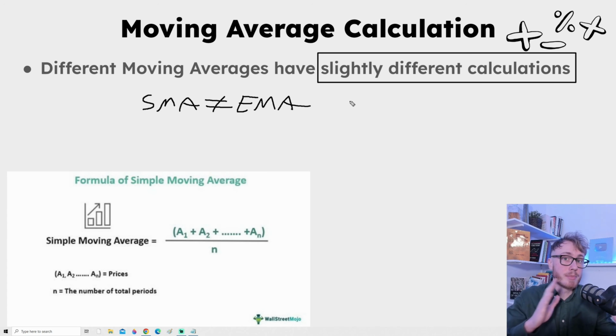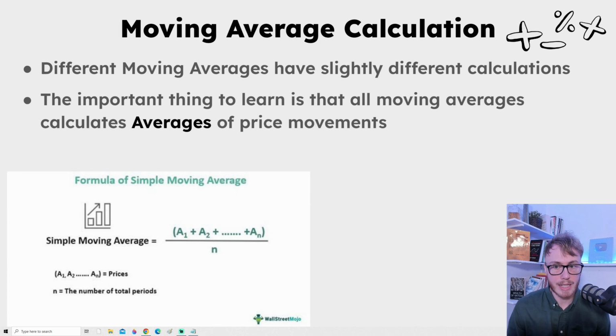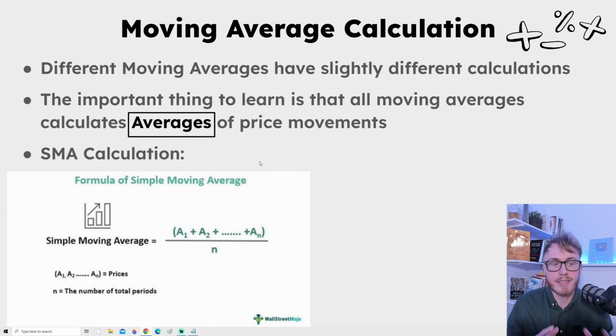The reason why these moving averages behave slightly differently is because they are calculated in slightly different ways. But the important thing to learn here is that all moving averages, as you can hear in the name, calculate averages of price movements. To understand this, let's take a look at a very quick calculation of the simple moving average.